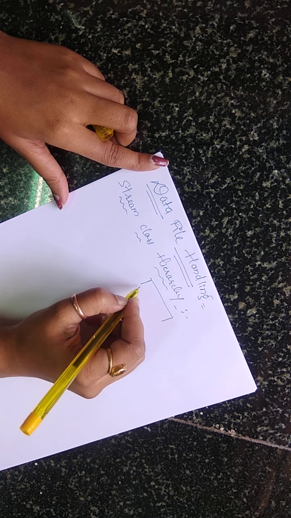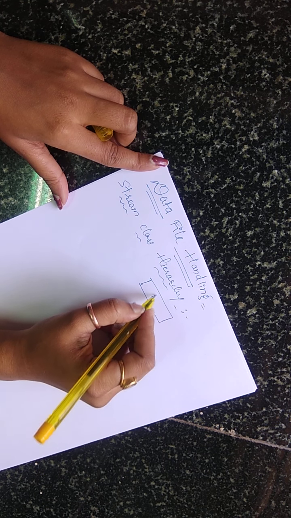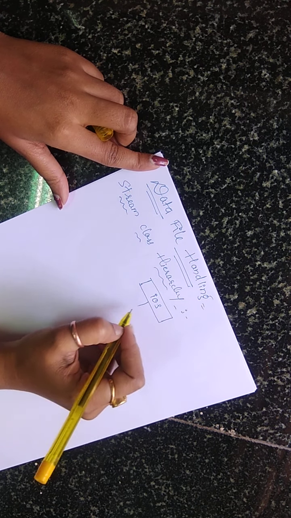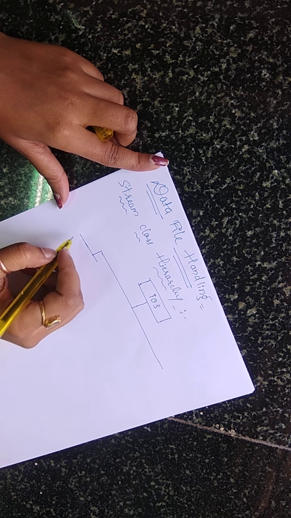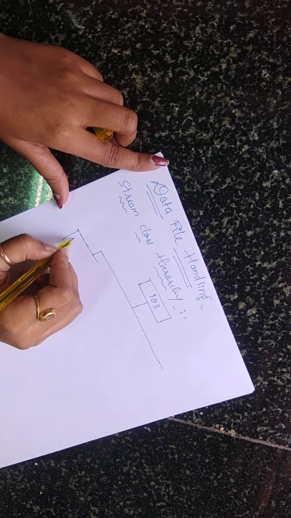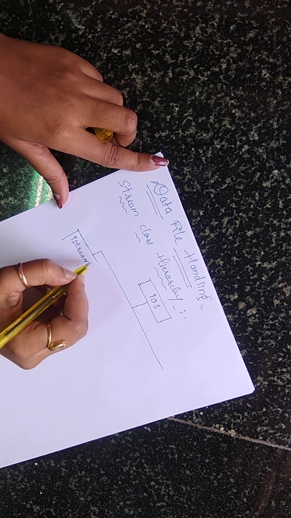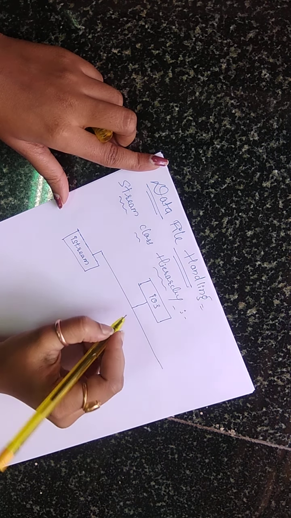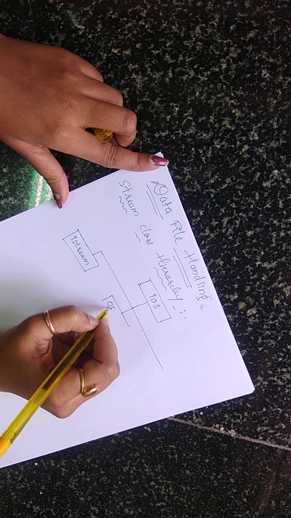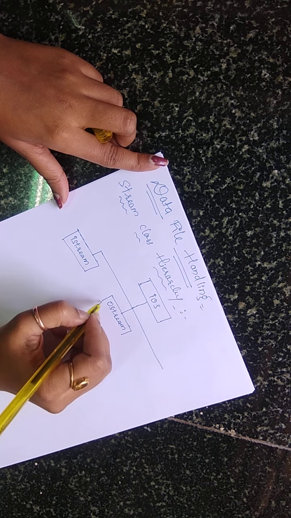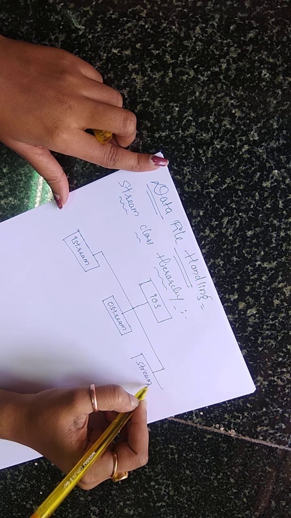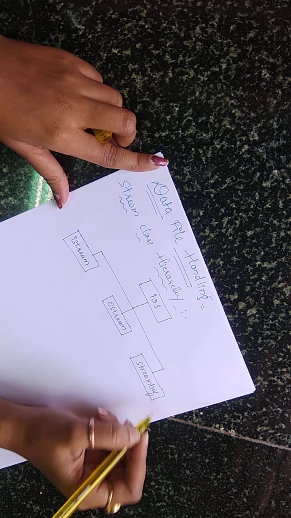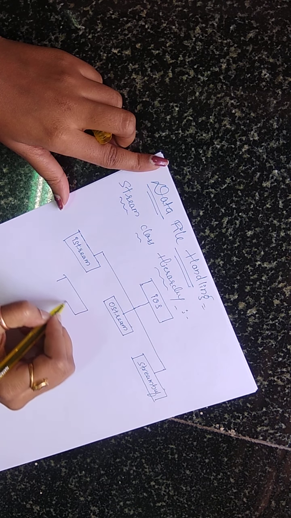So at the top we have ios, then comes the classification: istream, ostream, and then streambuf, then comes iostream.